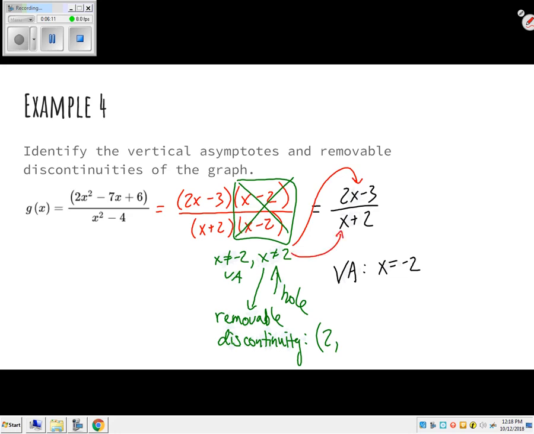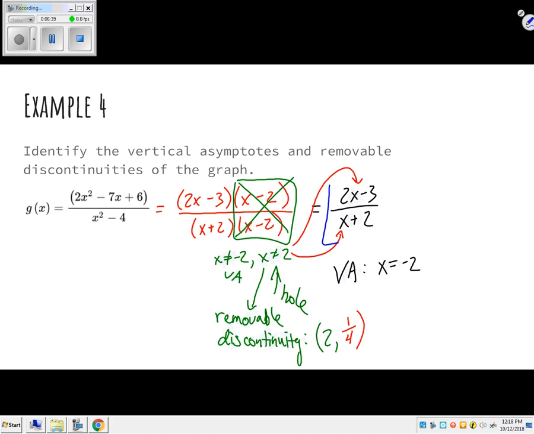I know that seems really weird, and I might explain why that happens in just a minute. But if I plug in a 2 in for the top, that gives me a simple 1. And if I plug in a 2 in the bottom, 2 plus 2, last I checked was 4. So the removable discontinuity, where I'm going to hole punch my graph at, the branch, is at the point 2, +1/4.